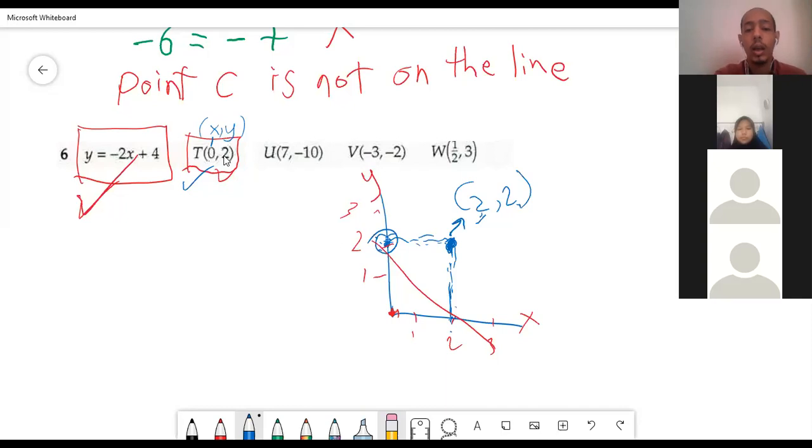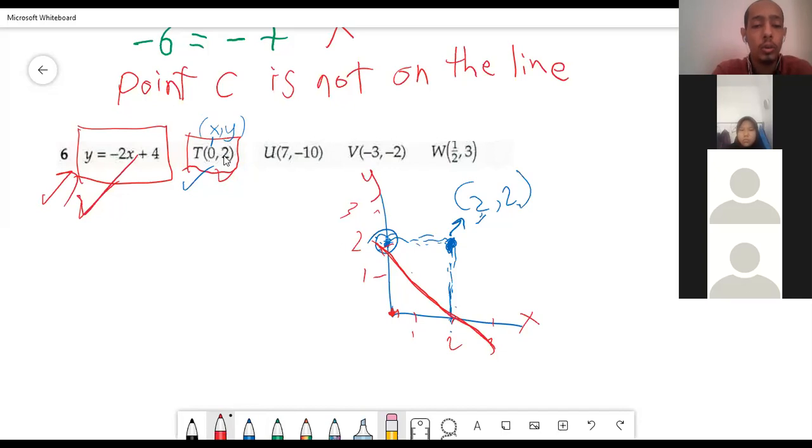I want to check if this point is on this line or not. What I should do is substitute the values of x and y into the function. In the function we have x and y.